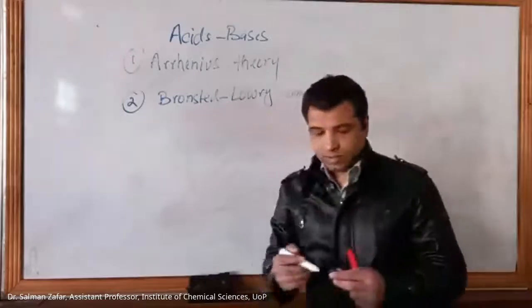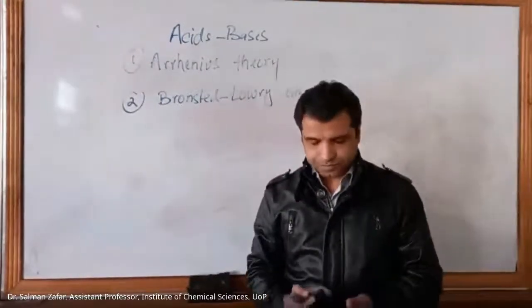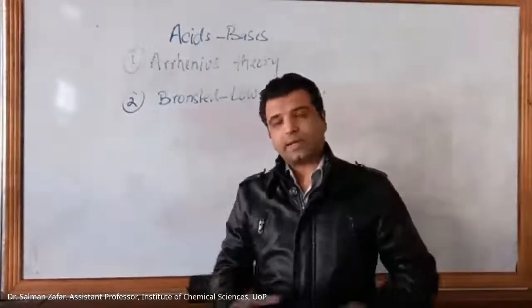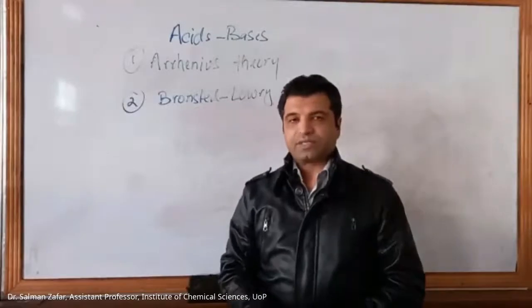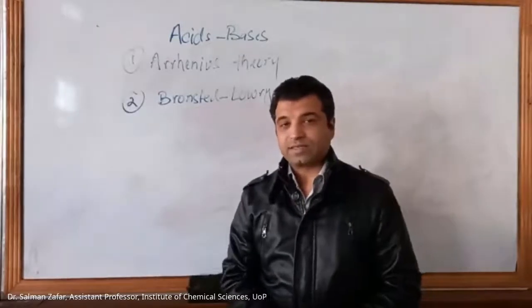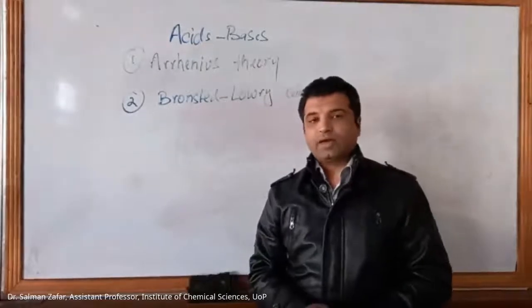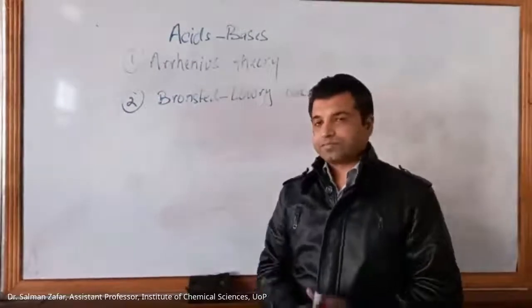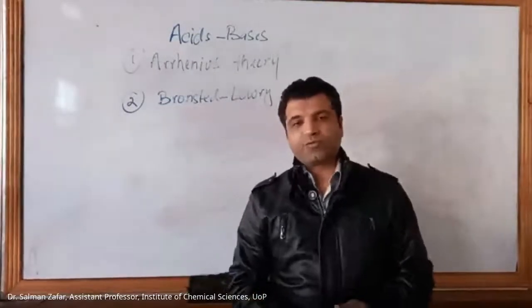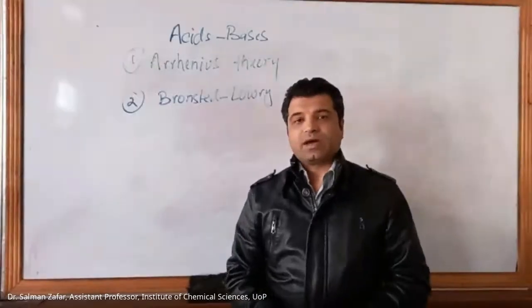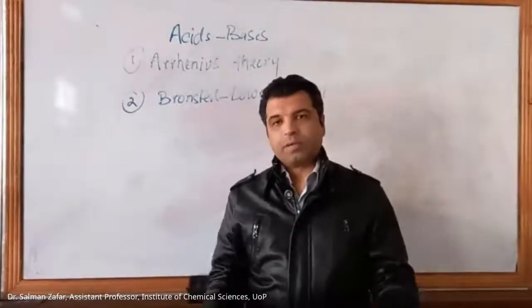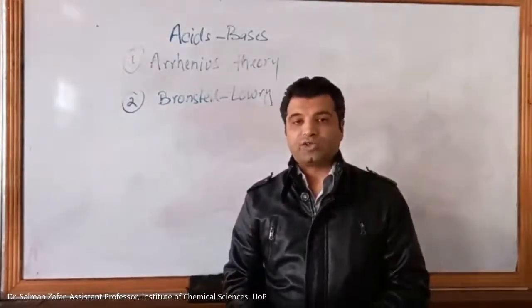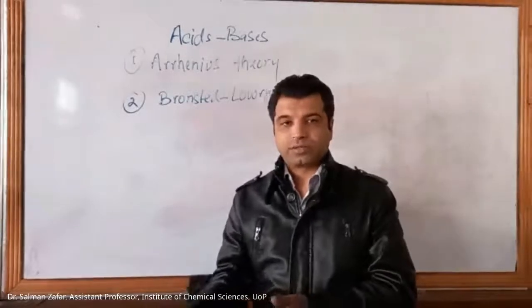So the second is the Bronsted-Lowry concept. These are two different scientists, and they separately developed this concept or presented this theory of acids and bases, and then it was combinedly known as the Bronsted-Lowry concept of acids and bases. According to the definition of Bronsted-Lowry, acids are molecules, or they may be ions, that can give or donate hydrogen ions to other molecules or ions.